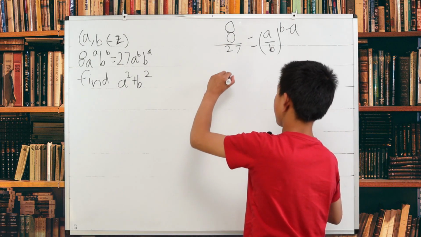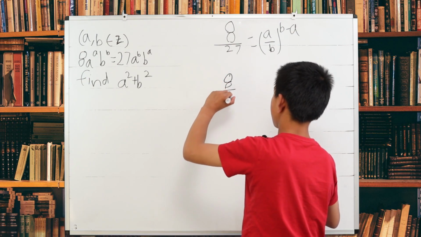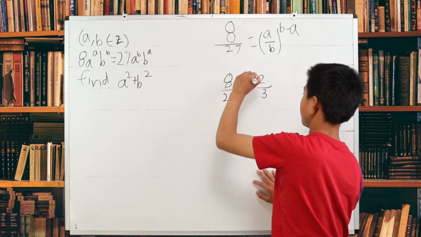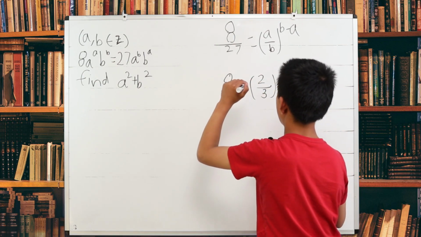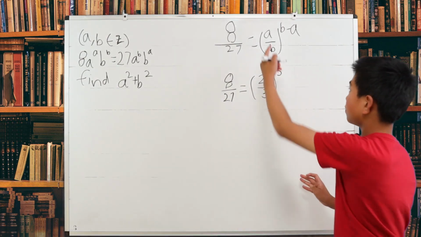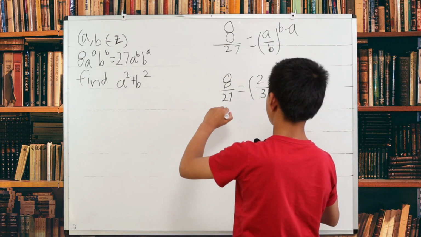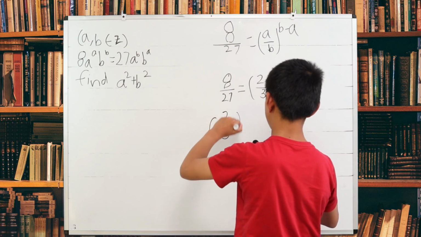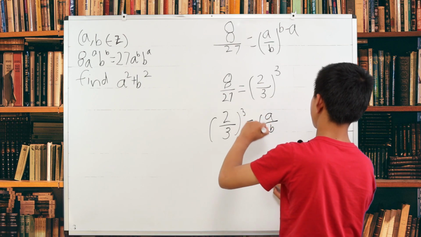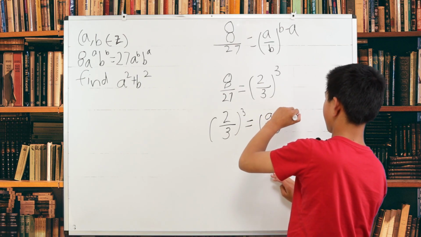We know that 8 divided by 27 is equal to 2/3 to the power of 3. So now we can plug this value in. So 2 divided by 3 to the power of 3 is equal to a divided by b to the power of b minus a.